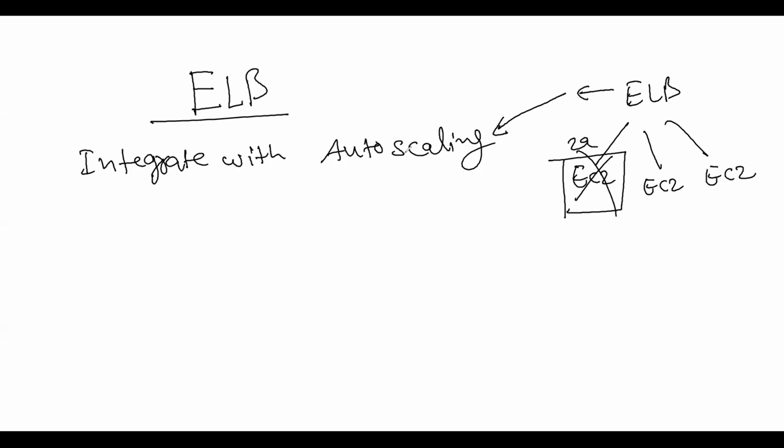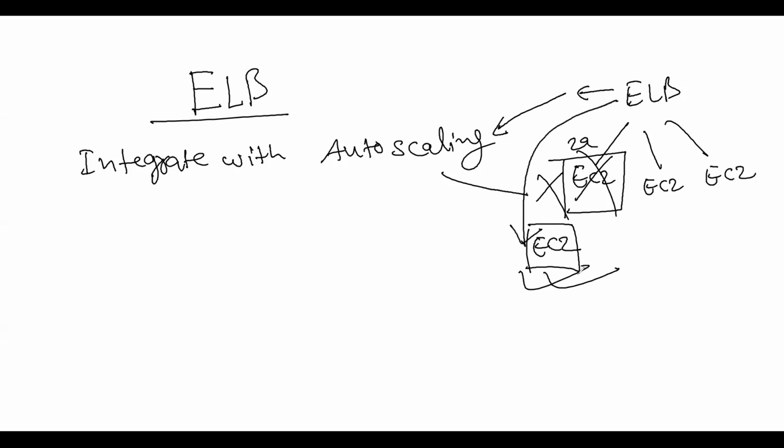What will auto scaling do? It will terminate that node completely, and then create a new node. Once the ELB finds this, it will start sending the traffic to the new instance. Making sense?